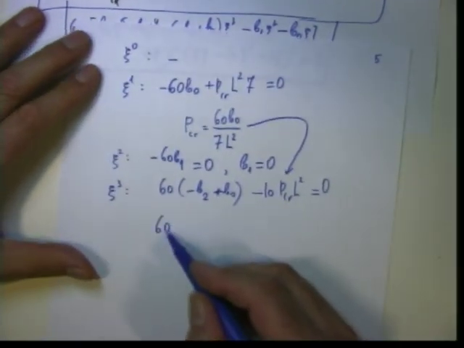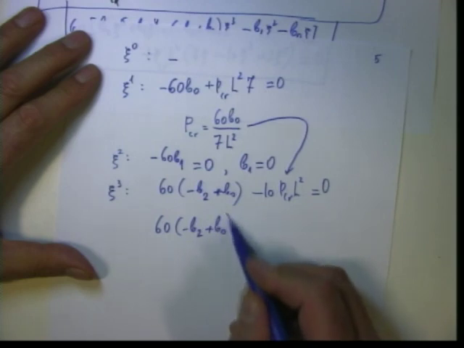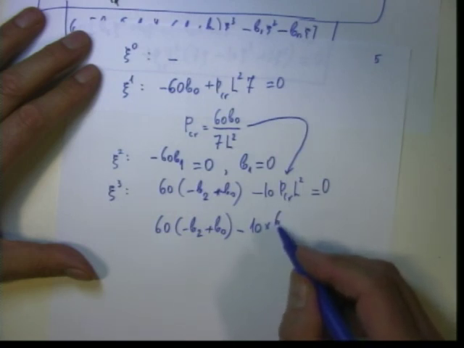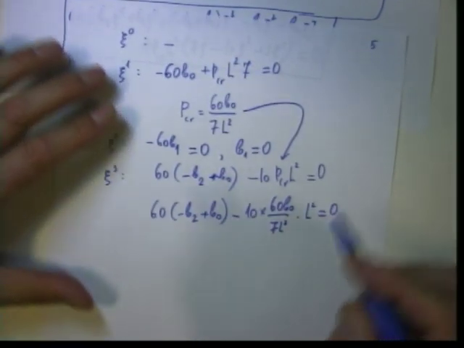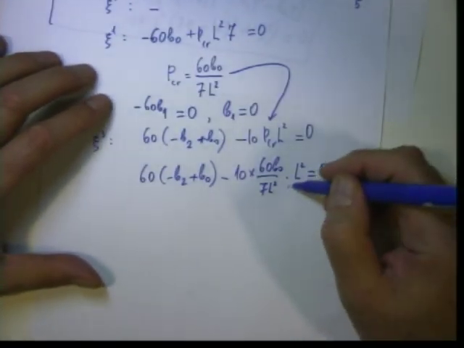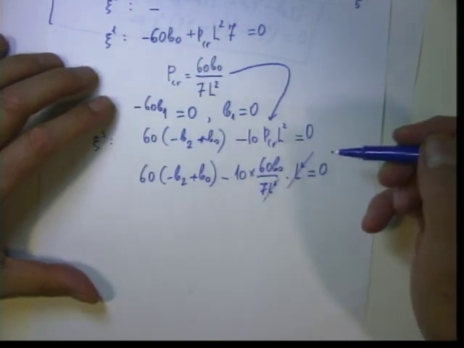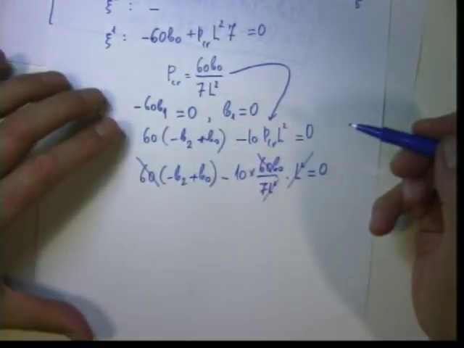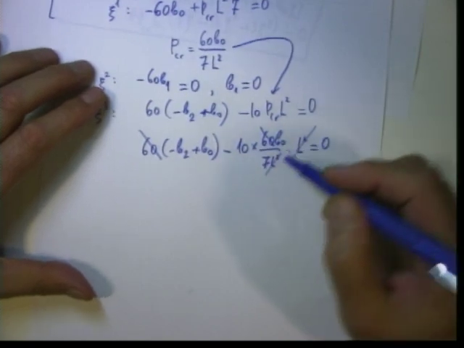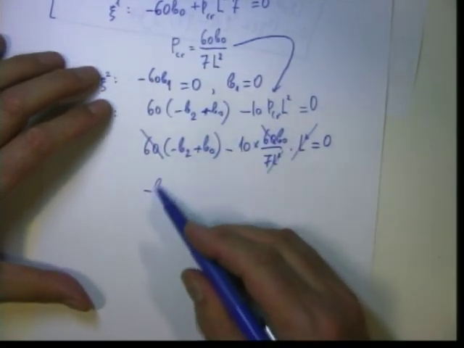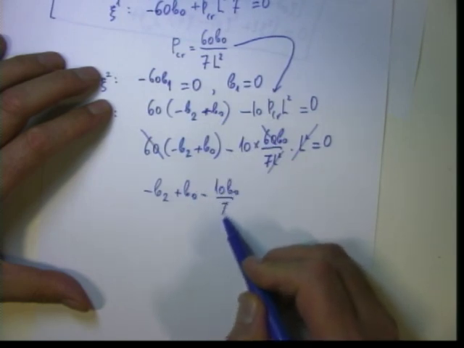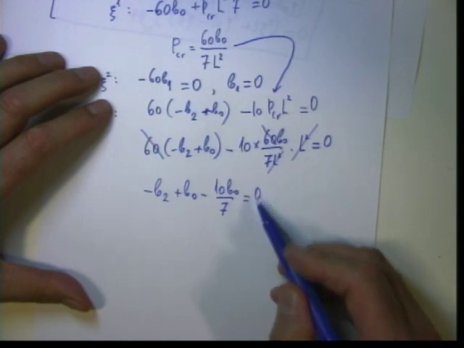So we get 60 minus B2 plus B0 minus 10 times P critical, which is 60 B0 over 7L square, and here is L square, this equals 0. So these L squares cancel each other. This 60 and this 60 will cancel each other. So we get minus B2 plus B0 minus 10 B0 over 7 equals 0.